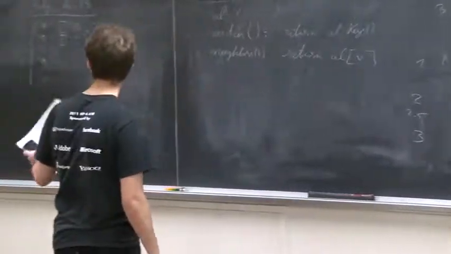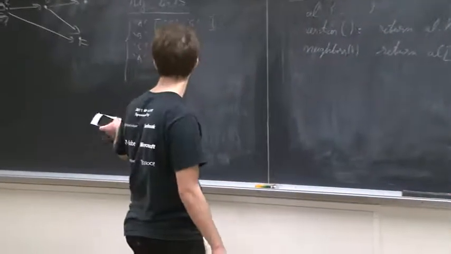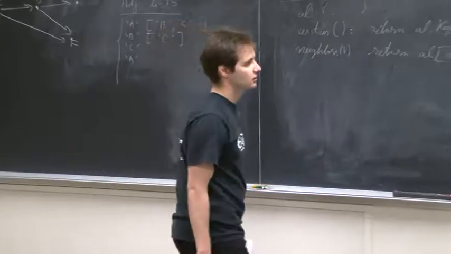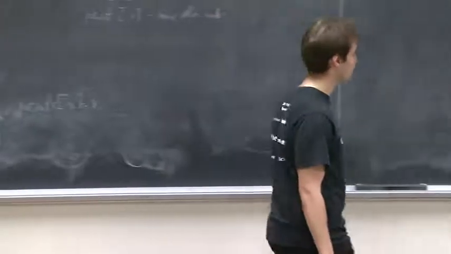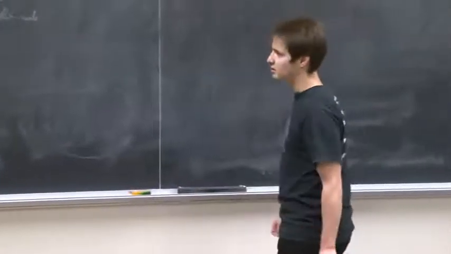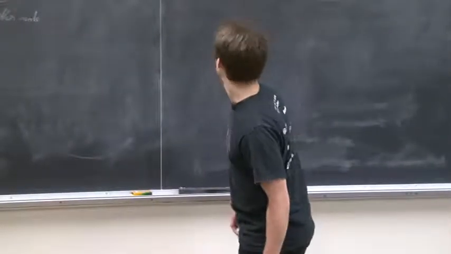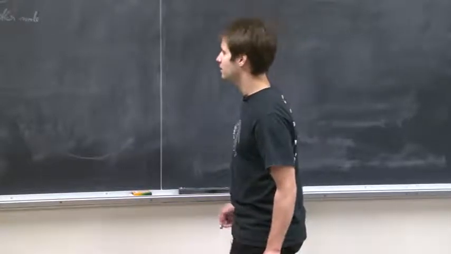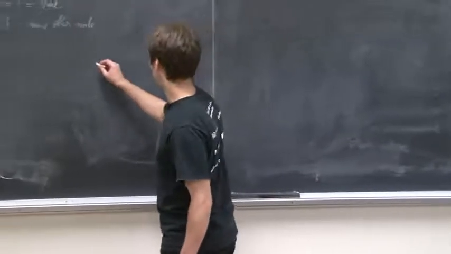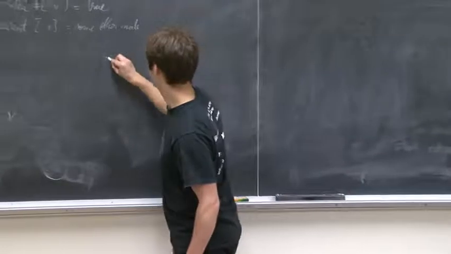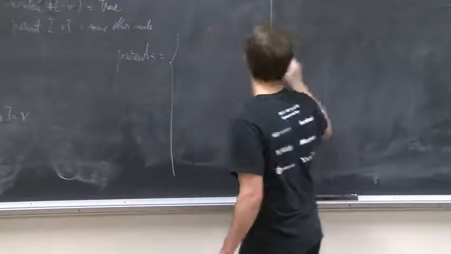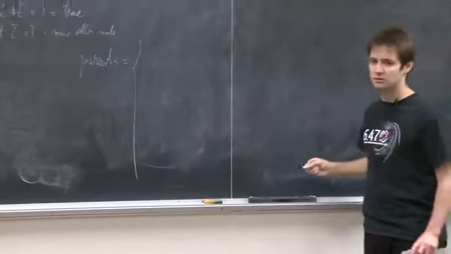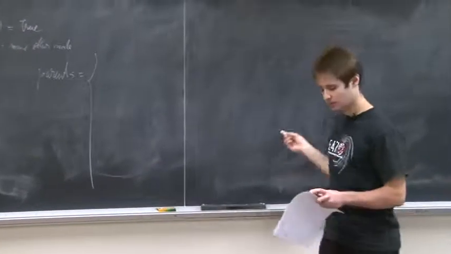Let's try to track it for this graph here. You're going to be in a better position than me, because I'm not sure I can see the graph all the way from here. Let's have the parents dictionary here, and here let's write the call structure as it would happen.